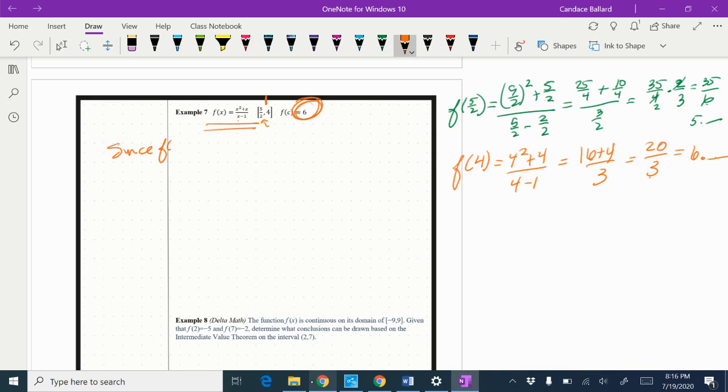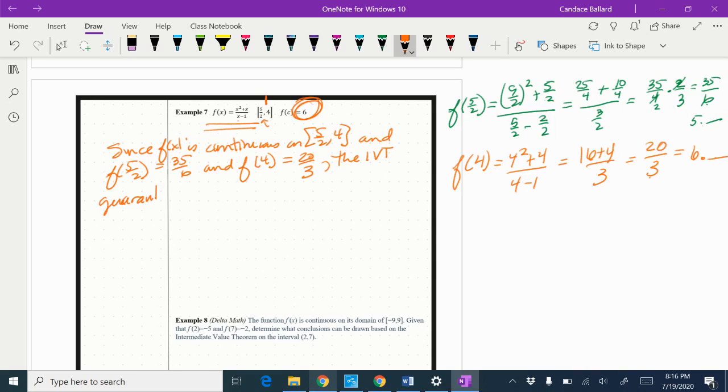So since f of x is continuous on the interval from 5 halves to 4, and f of 5 halves equals 35 sixths, and f of 4 equals 20 thirds, the IVT guarantees f of x equals 6 at some point c, because 35 sixths is less than 6, which is less than 20 thirds.